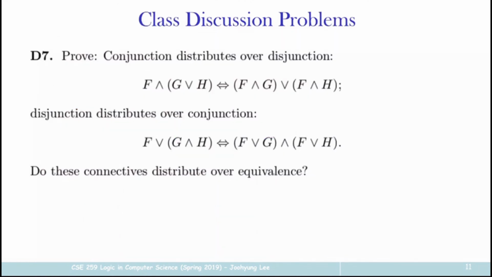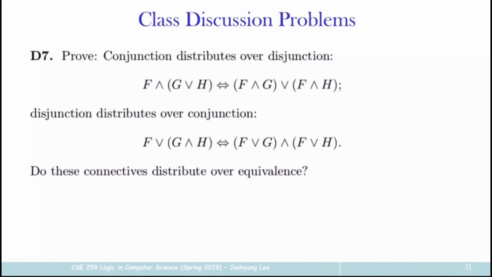So for the next class, I want you to do these two problems. If somebody can volunteer, I'll appreciate it. So these are the questions. The first question is: conjunction can distribute over disjunction, and disjunction can distribute over conjunction. How do we know that this is true?